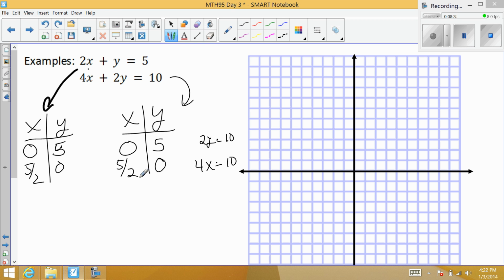So these two equations are identical. When we graph them, (0, 5) and (2.5, 0), they're both the same line. And so this would be a situation where we've got an infinite number of points in common, and we can simply say that the solution is an infinite number of values.